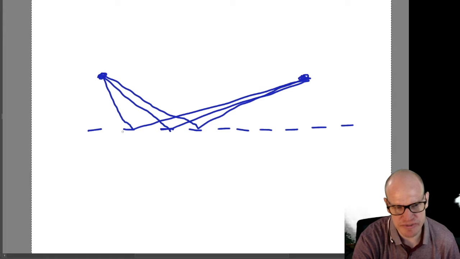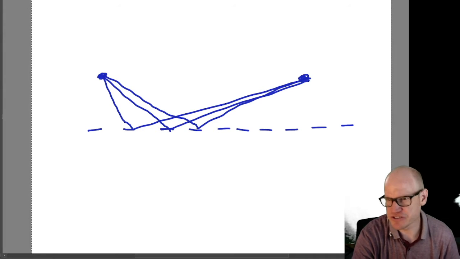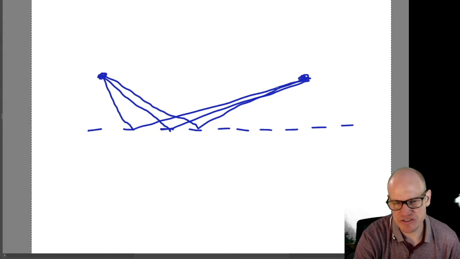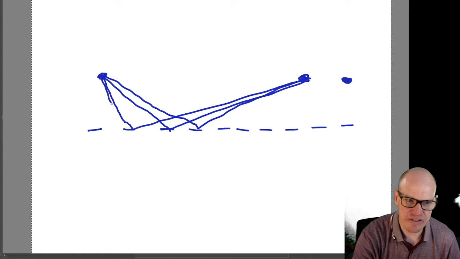And so you can do this because they're equally spaced. So all of these paths are going to be integer multiples of a particular wavelength for a particular color of light. If you talk about a different color of light, then they will add coherently, or in phase with each other, at a different distance.